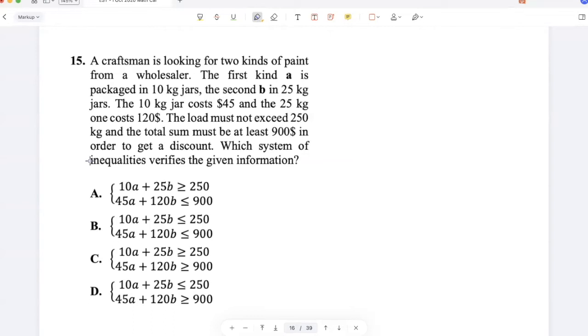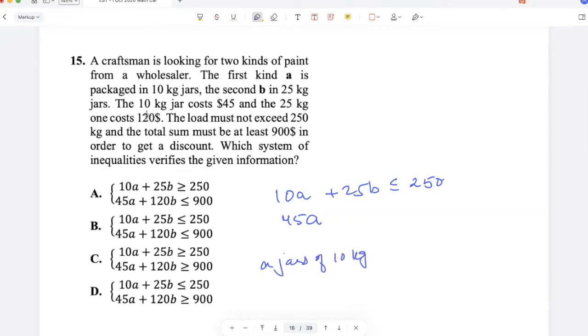So the first kind is the 10 kg jar. So 10A plus 25B, that is the total load. It should not exceed 250, so that should be less than or equal to 250. And 45A is the total amount for A jars of 10 kg, right?